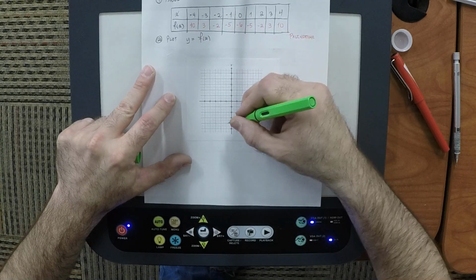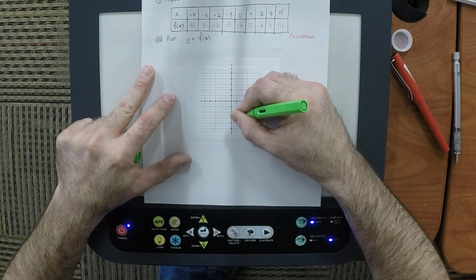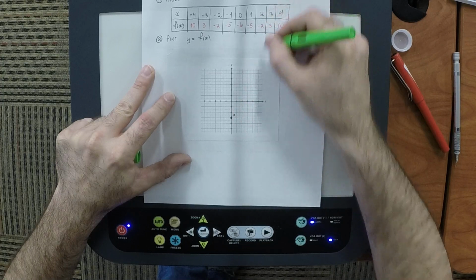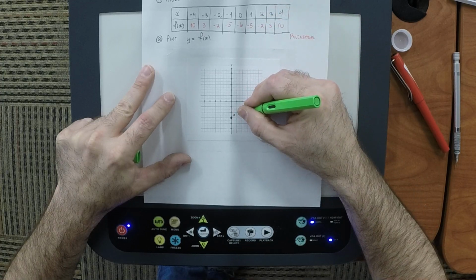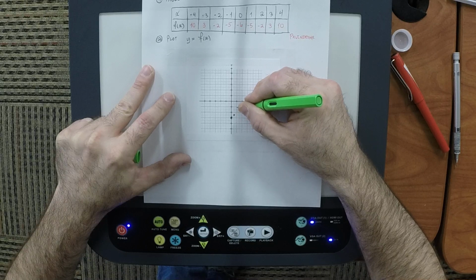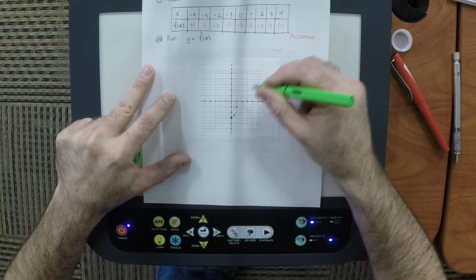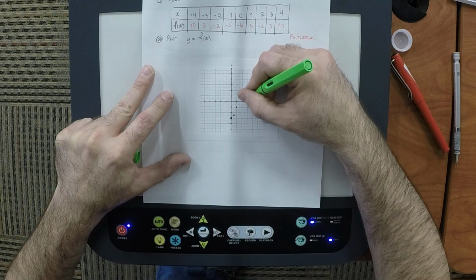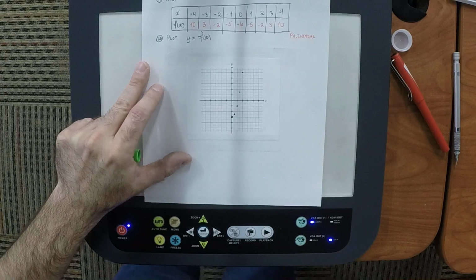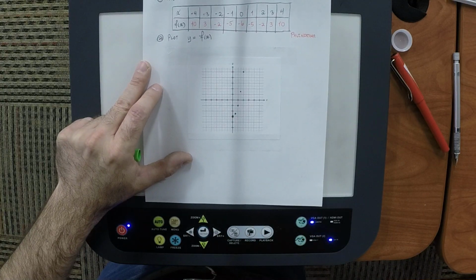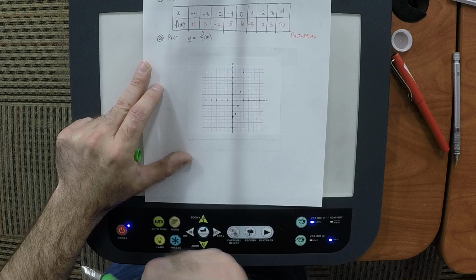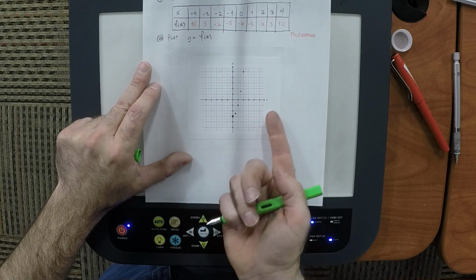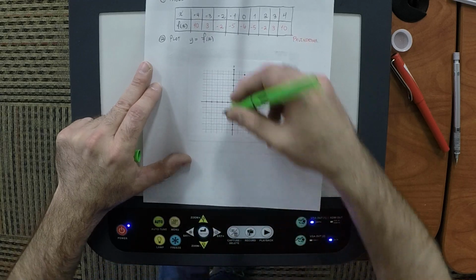So 0, -6, 1, -5, 2, -2, right there. 3, 3, 4, 10. Okay, so that's the right side. And then the left side is easy to do because the fact that it's a palindrome means that we should just be able to reflect those points over to the other side.